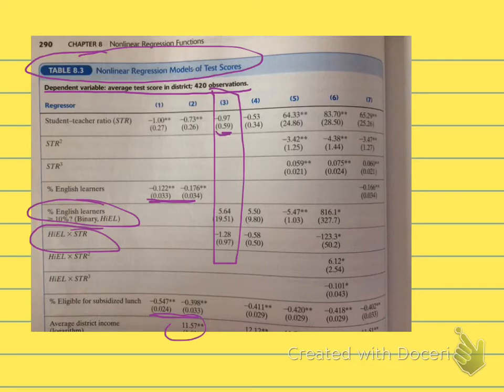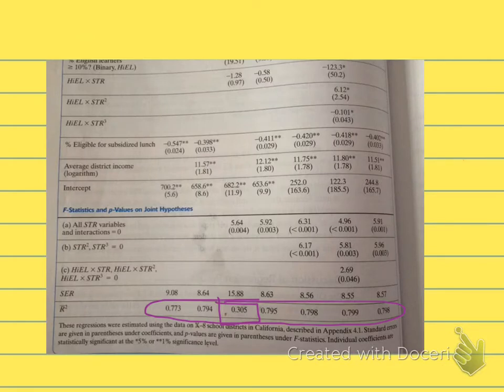And what we see when we move to that specification is that none of the coefficients are significant: 1, 2, 3. None of them have any asterisks. They all have high standard errors. And so it's not surprising that the R square for that specification ends up being pretty low.